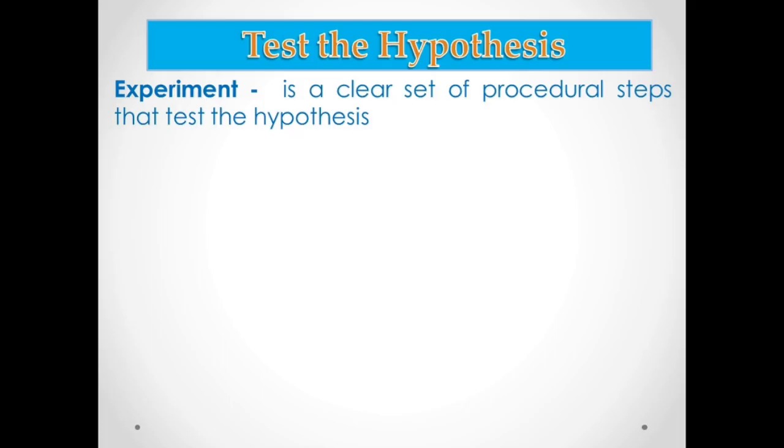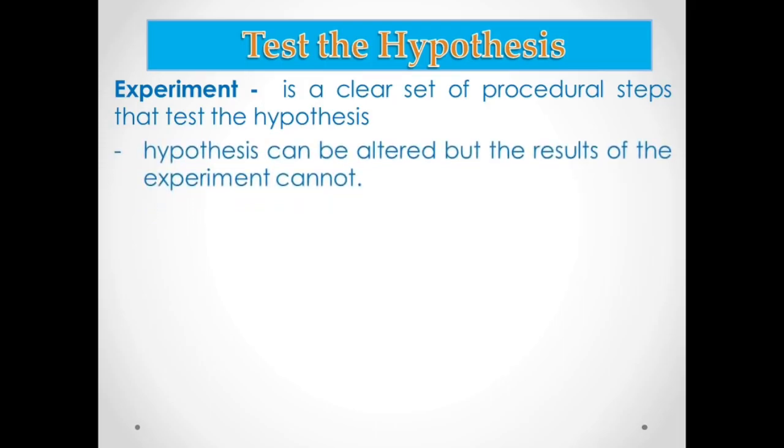This is the method used to test whether your hypothesis is correct, or needs to be revised or discarded. So the hypothesis can be altered, but the results of the experiment cannot.